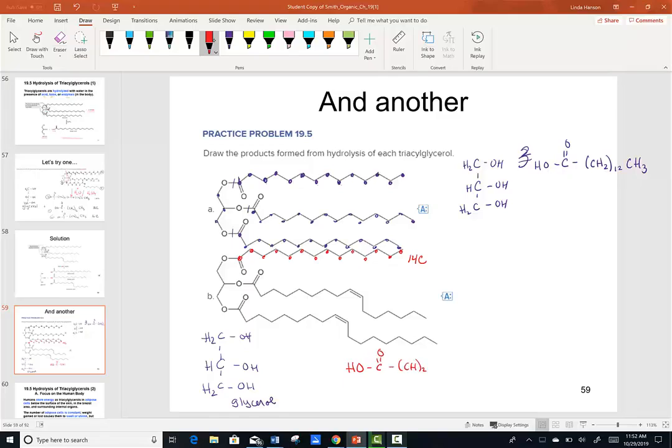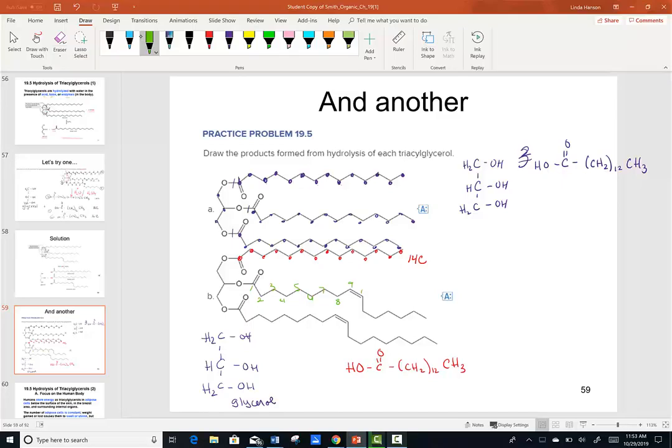CH2 taken 12 times. I didn't make that very neat. Let me rewrite that. CH2 taken 12 times, and then of course the terminating CH3. Here, 1, 2, 3, 4, 5, 6, 7, 8.